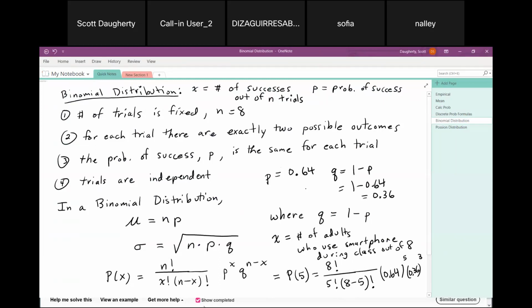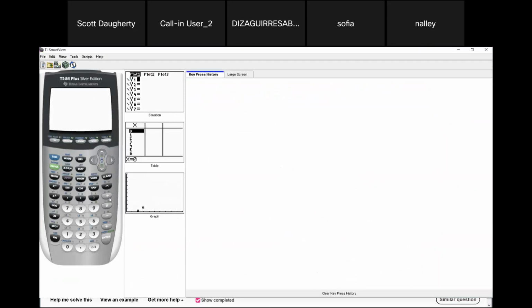Now, I'm going to show you. Let me pull up the calculator. So you could type that all in the calculator, but instead of doing all that, I think it's just easier to use this. There's a distribution button on the calculator. Again, the 2 buttons we're going to use a lot in this course are the stat button, and the other one is this distribution button, which is the button above the VARS button.